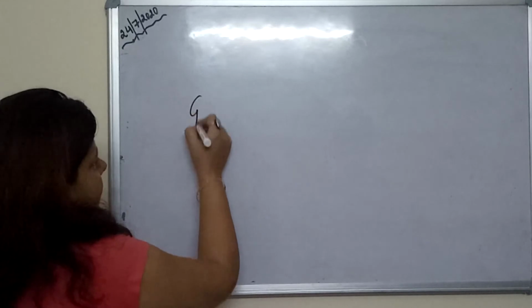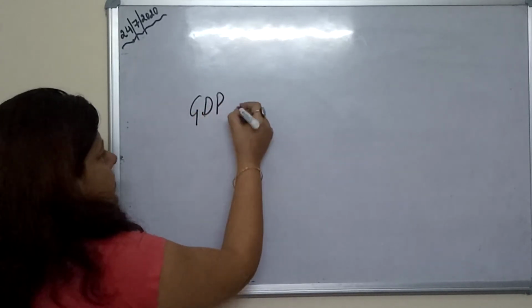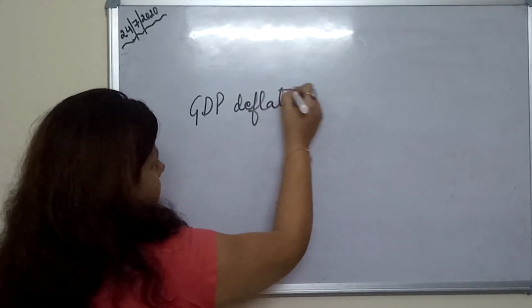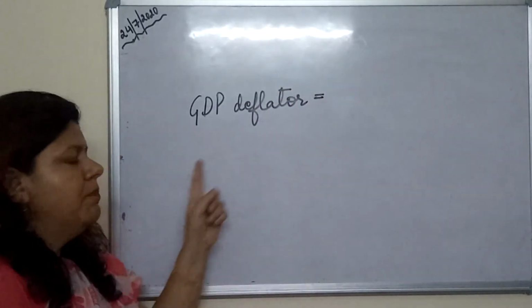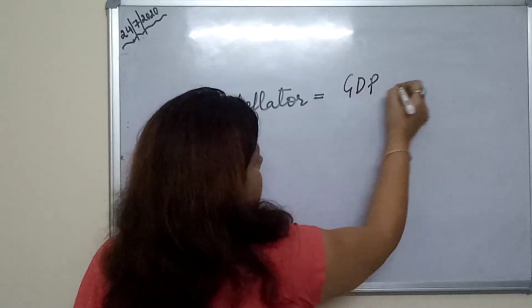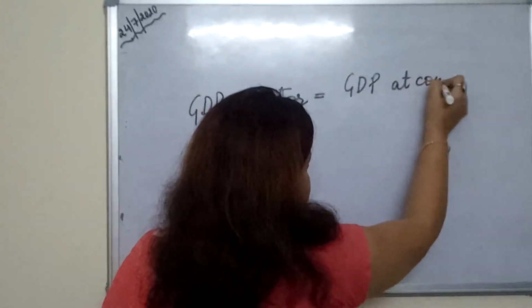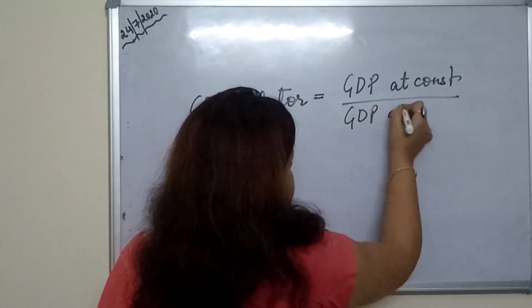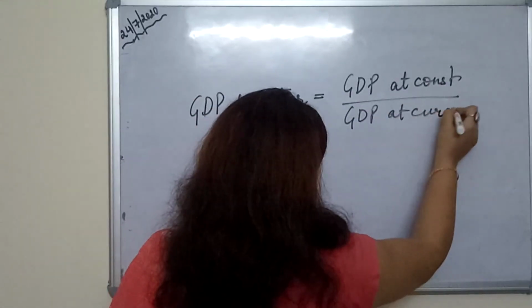Now, what is GDP deflator? GDP deflator is your GDP at constant prices upon GDP at current prices.